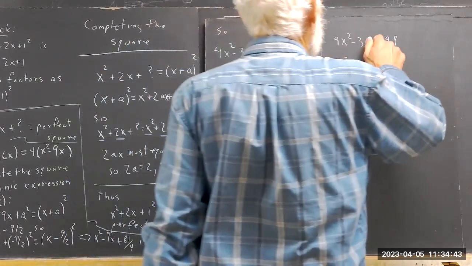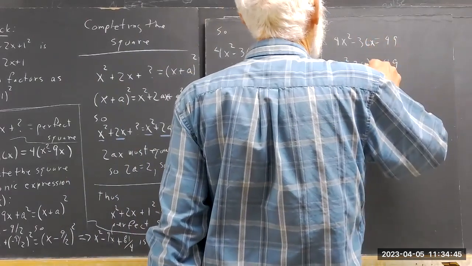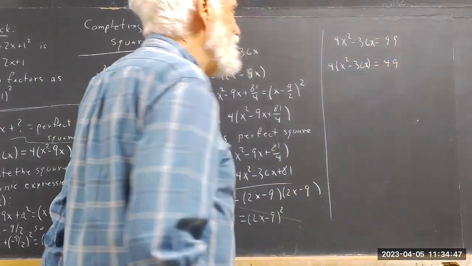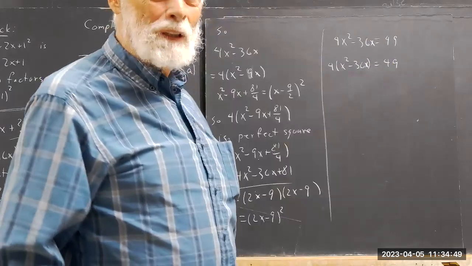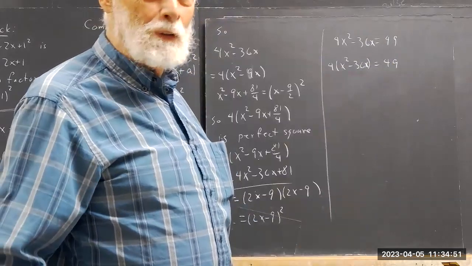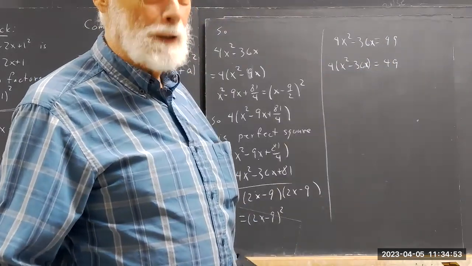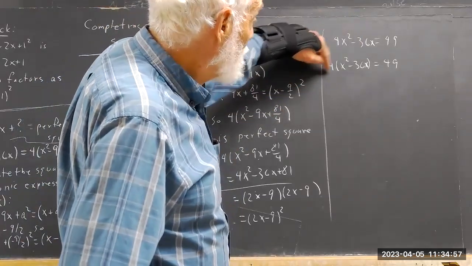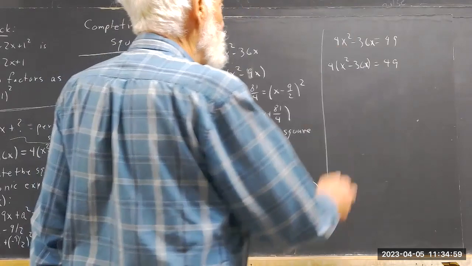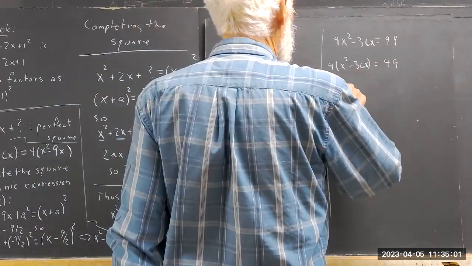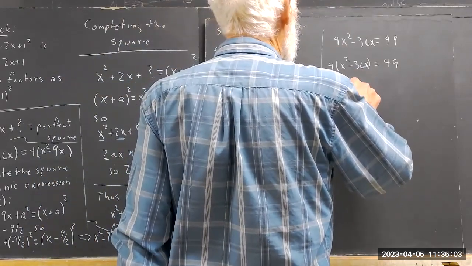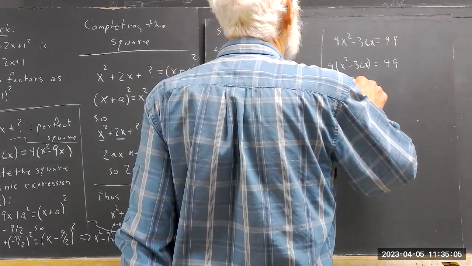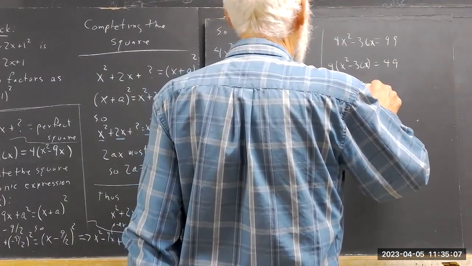And it's 36x. Some days I wake up careless. Actually, the unusual thing is sometimes I wake up and I'm not careless. So here we are. I'm sorry. Okay, so we have this, and then we complete the square on the x squared minus 36 halves. Okay.